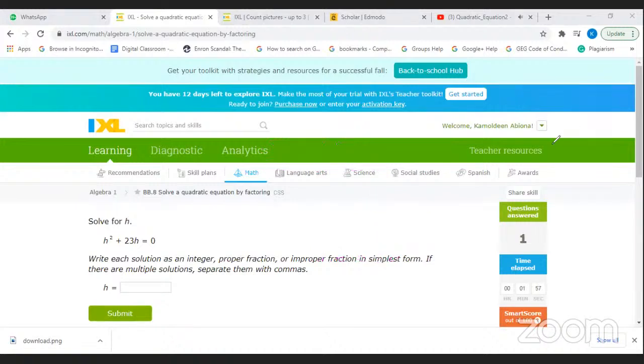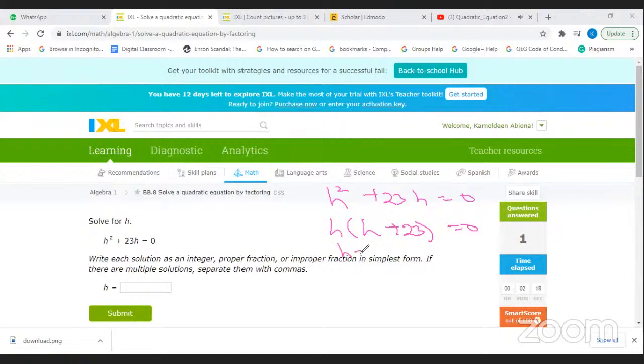So we have h squared plus 23h equals 0. What do we do? h into bracket, h is common. So we have h times h plus 23 equals 0.